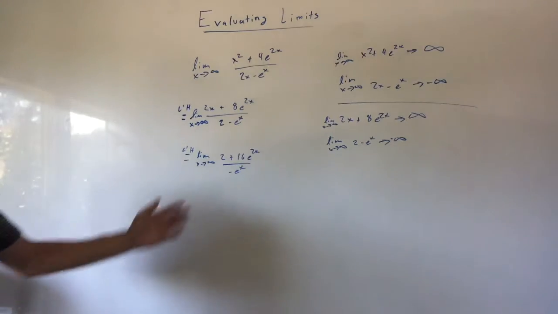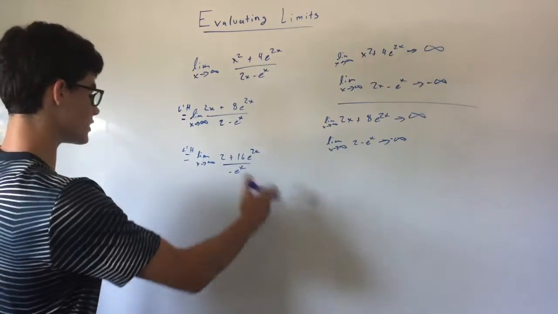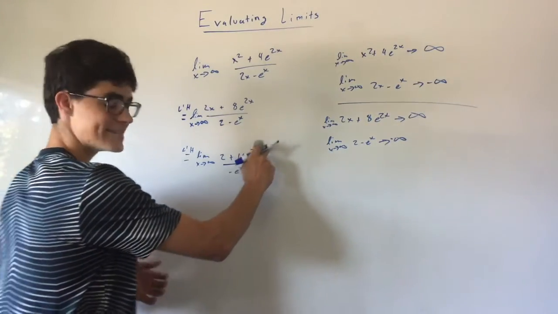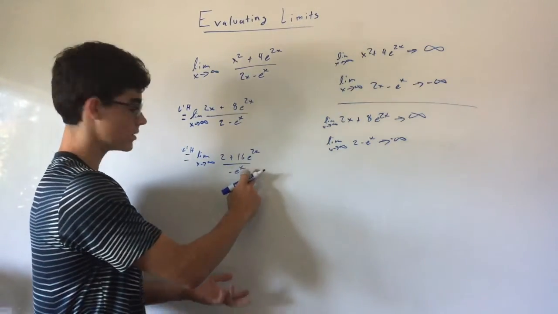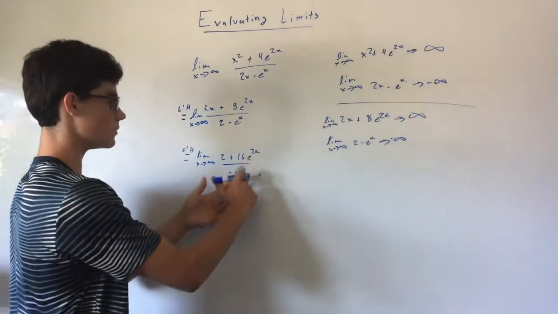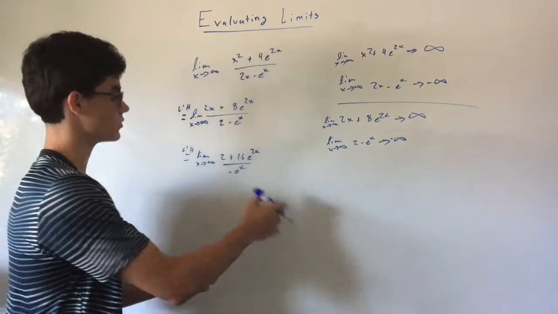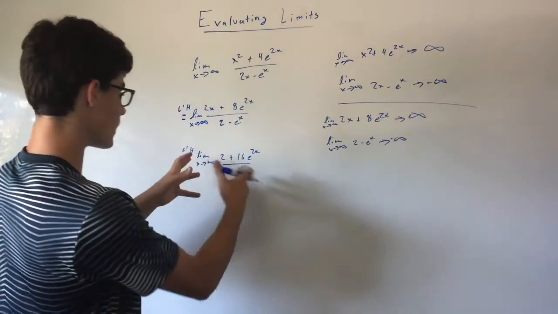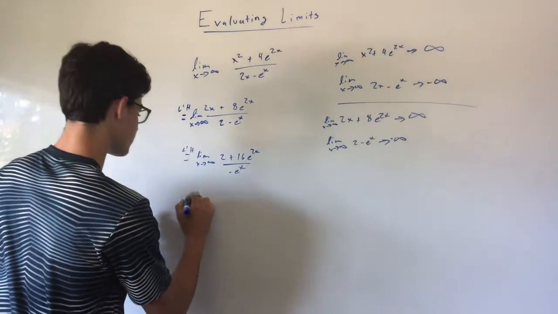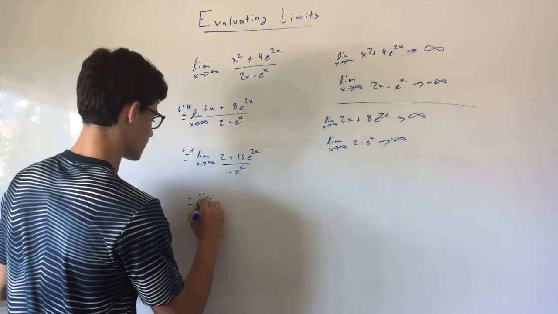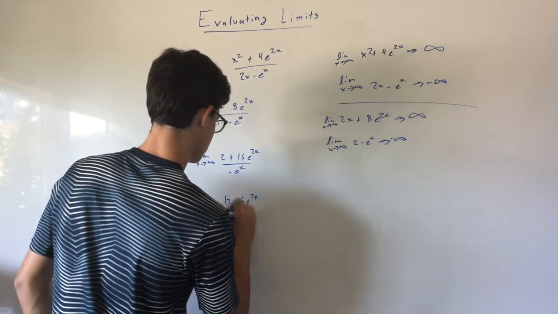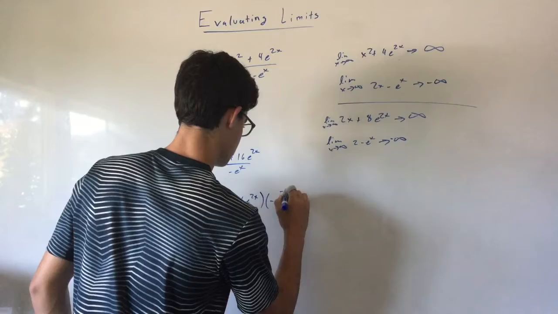Now we can see at this point in our derivation that no matter how many L'Hopital rules we take, there's always going to be an e to the x on top and an e to the x on the bottom. So even if we take an infinite amount, they're still going to be at the same point up and down. So they're both going to go to infinity. So we've got to find a way to change this a little bit. Well, we can rewrite this, right?